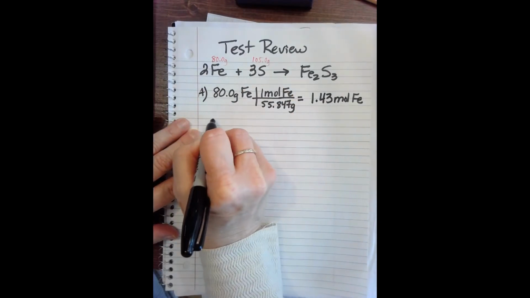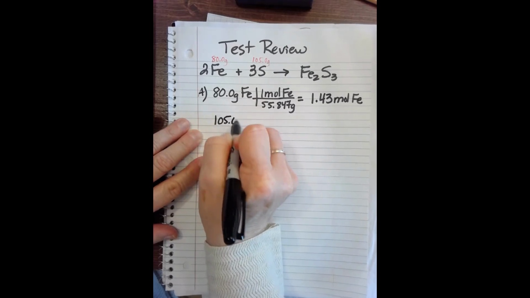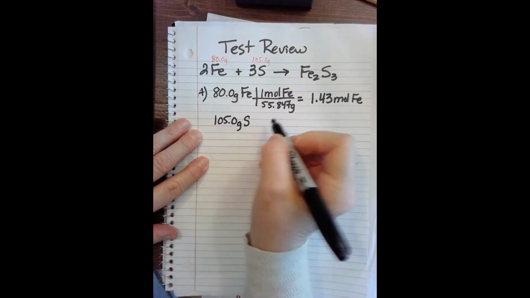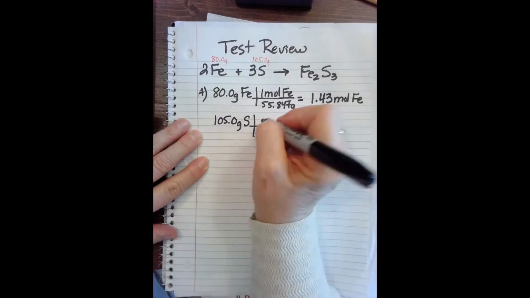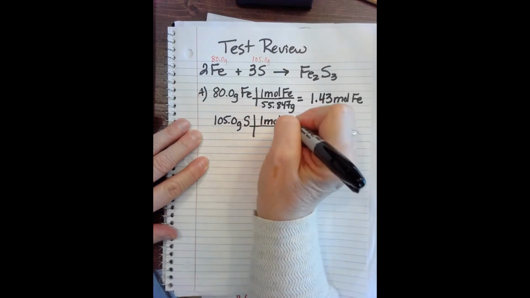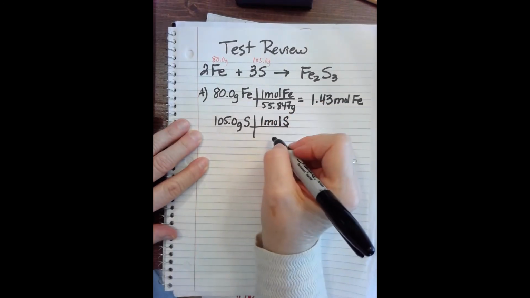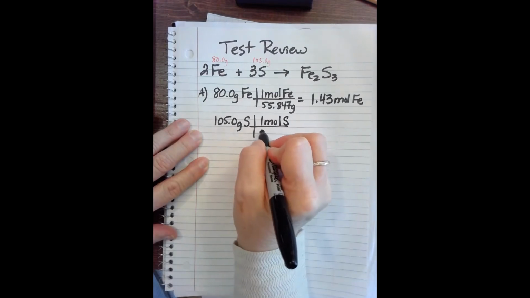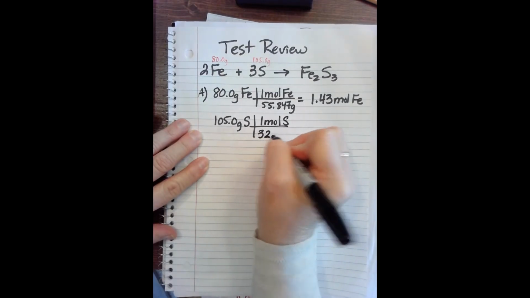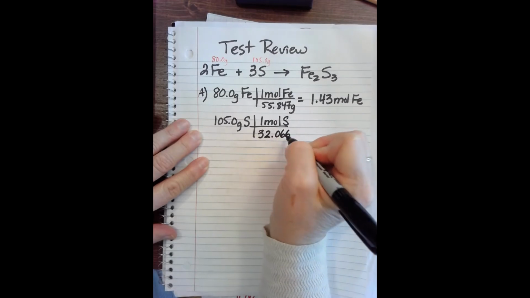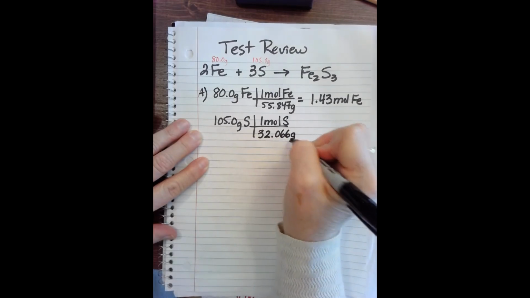The second part of this would be to take the 105 grams of sulfur. 1 mole of sulfur has a mass of 32.066 grams.